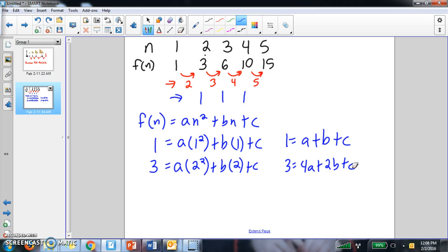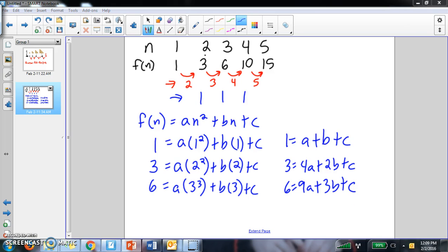So I'm going to go to the third sequence. So 6 would equal a, I'm in the third figure, so I'm plugging in 3 for each of my n values. So 6 would equal 9a plus 3b plus c.